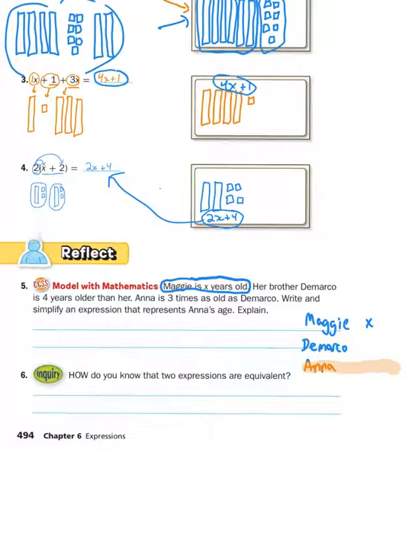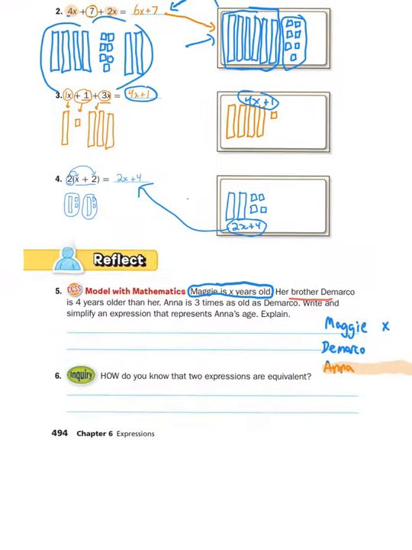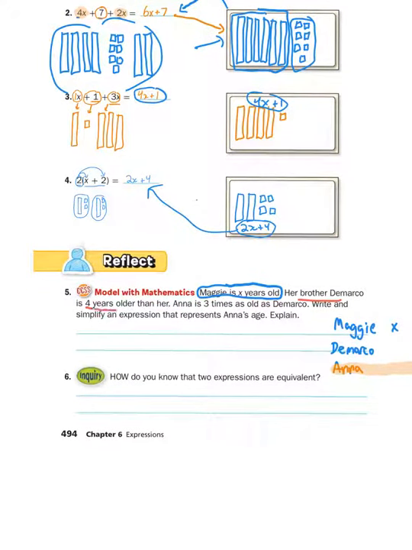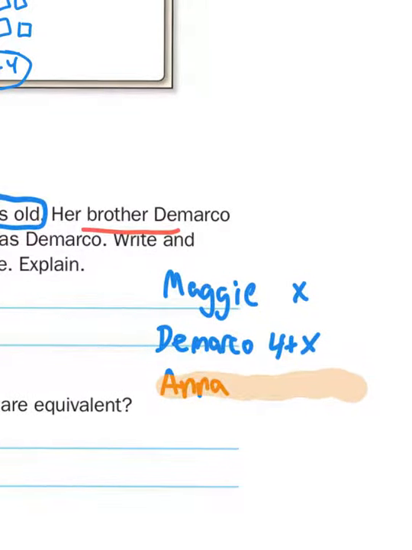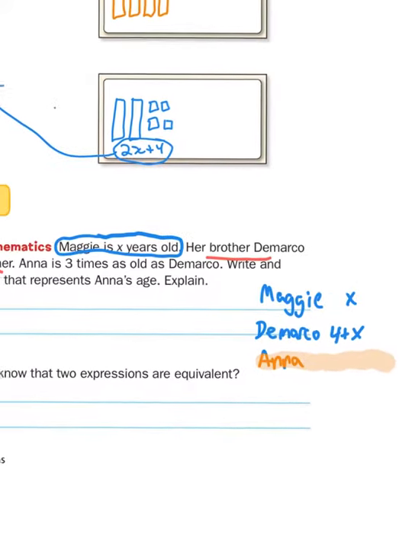Then we'll talk about DeMarco. It says her brother DeMarco is 4 years older than her. So for DeMarco, if DeMarco is 4 years older than Maggie, that would be 4 plus X. Okay, so here's what we have so far. We have Maggie's age is X. DeMarco is 4 plus X because he's 4 years older than her.